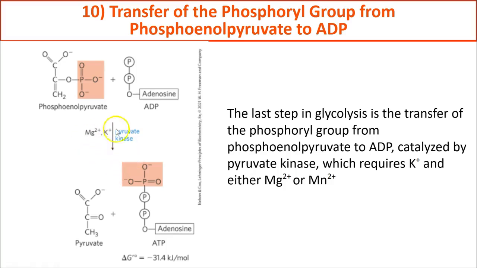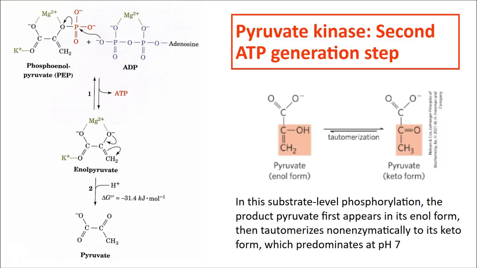And so just note that most likely when you have this magnesium cation, it's going to act as a shield. And then from there, it will help promote the actual exchange and transfer of the phosphoryl group. And so how is this happening?